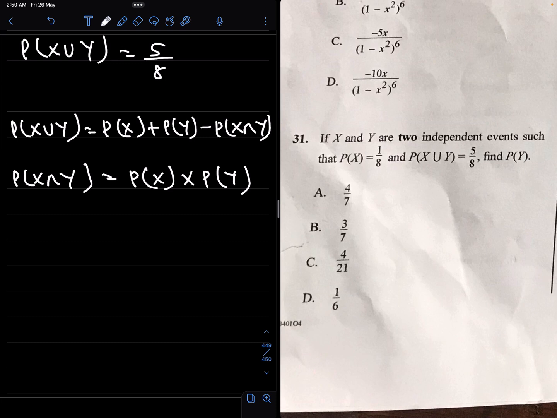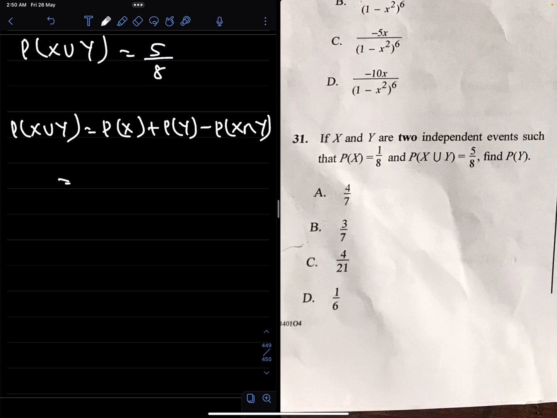Now P of x union y is 5 over 8. That means 5 over 8 equals P of x, which is 1 over 8, plus P of y, which we don't know, minus P of x intersection y.